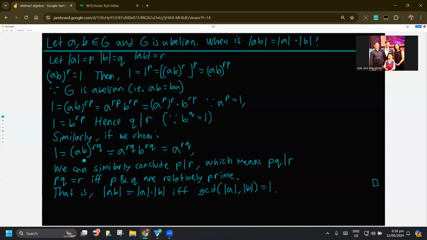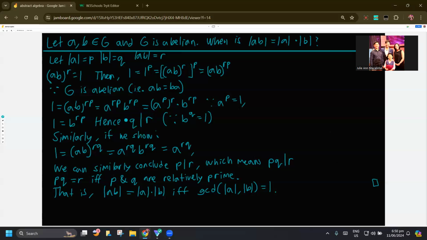Similarly, if we show this to A to the RQ is equal to 1, we can conclude P divides R, which means PQ divides R. This is only true if PQ is equal to R, which is the statement that the order of the product is equal to the product of the orders if and only if P and Q are relatively prime.